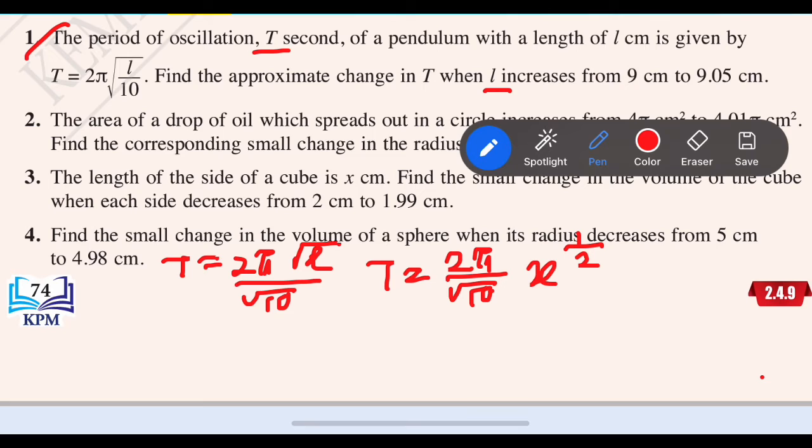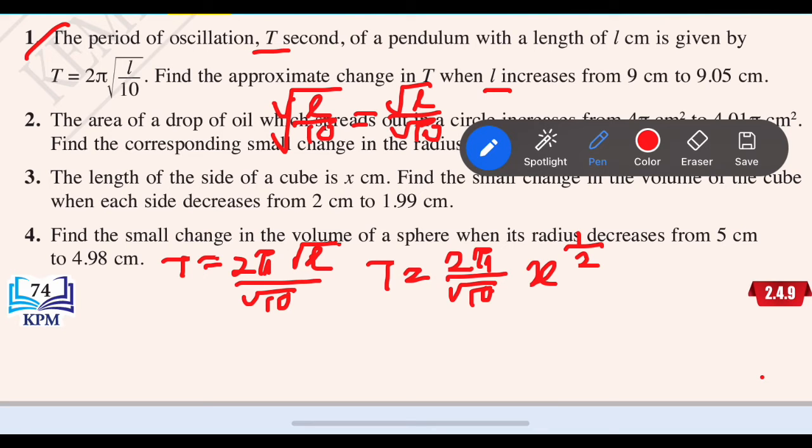Because we need to express it in terms of y equals constant times a x to the power n. So square root of L over 10 is equal to square root of L over square root of 10. Now why do we need to do so? Because we need to split out the constant and the variable.